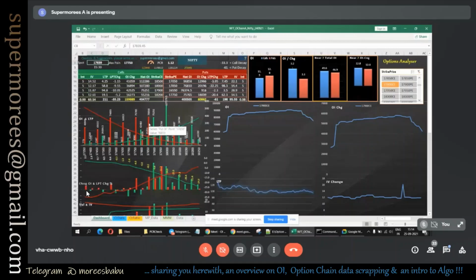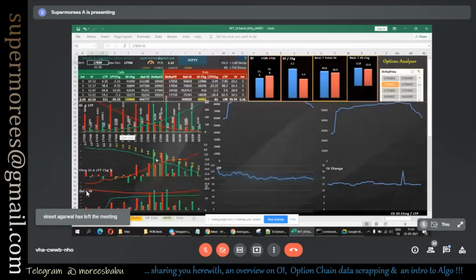Here I have shown the open interest for call and put, and then the price trend in the same chart. In the middle chart, for the same strike prices, is the change in open interest. A lot of call addition happened, and then this is the actual price, this is the change in the price, and at the bottom I'm showing the volume.